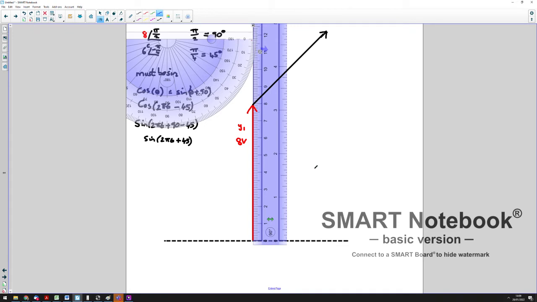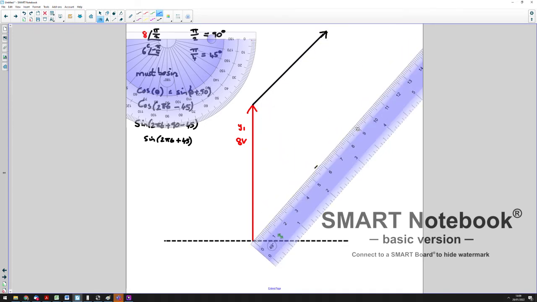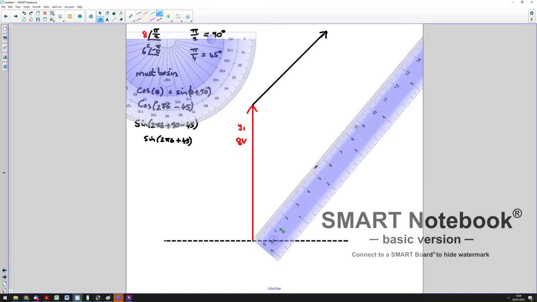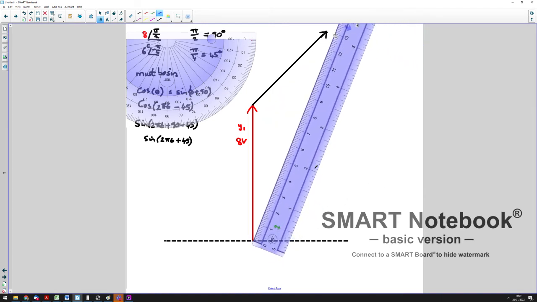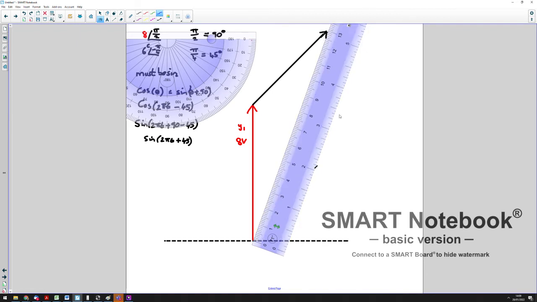8 centimeters up from the horizontal, 45 degrees, 6 centimeters at 45 degrees, and then we measure end to end, and that doesn't half look pretty close to 13 to me. Does that look pretty close to 13 to you guys?